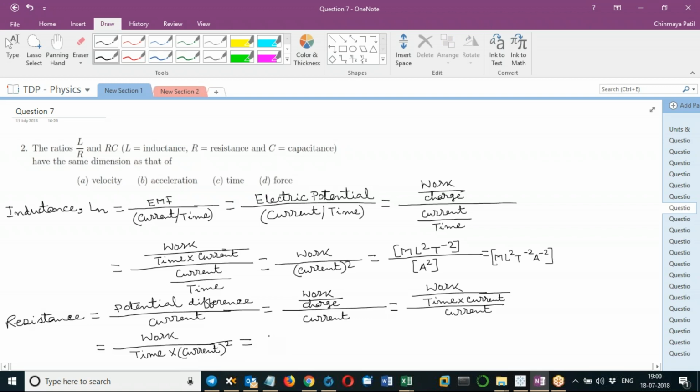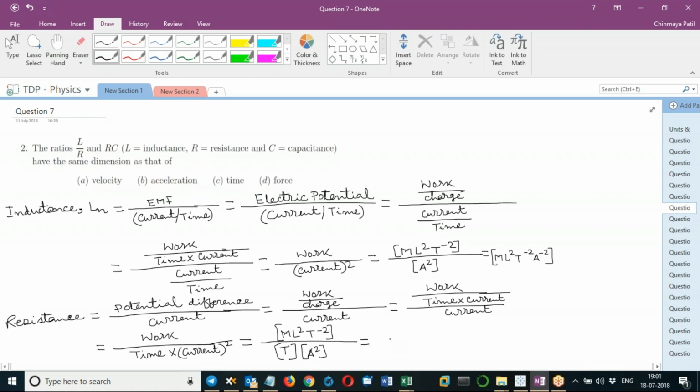Now, work is M L square T power minus 2, divided by time, which is T, and current is A square.